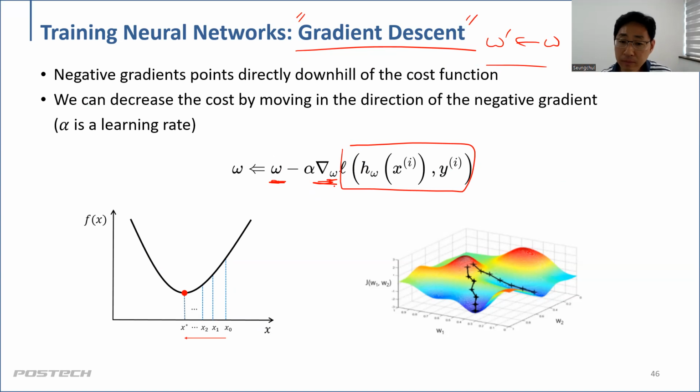These are the objective function, the loss function, and the gradient with respect to omegas, because omega is what we want to update. And alpha is the step size or learning rate. Remember, it's minus because we want to do gradient descent, since it's a minimization problem.